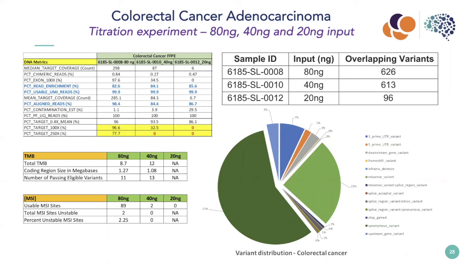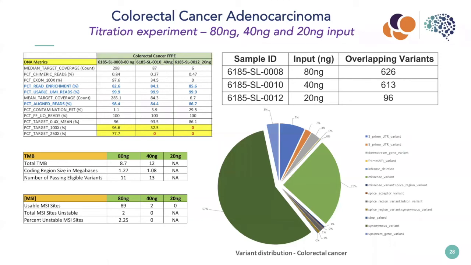the DNA metrics panel on the left-hand side of the slide. I'll draw your attention to the percent exons at 100x. Notice it goes at 80 nanograms, it's almost 98%, drops to 34% at 40 nanograms, and essentially at 0 at 20 nanograms. So the impact of decreasing amounts of input material is fairly significant when viewed both from a coverage perspective, shown on the left-hand side of the slide, as well as a variant calling performance perspective, shown on the right-hand side of the slide.